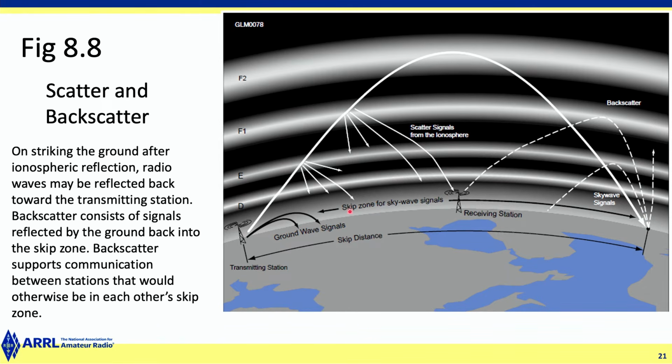It's too far away for ground wave signals to be heard and too close for skywave signals to be heard because the skywave signal is going to reflect over here. But you do get some backscatter off of the F layer and the E layer, and this receiving station may be able to hear some very weak signals because of this backscatter in the relative skip zone. Does that make sense?